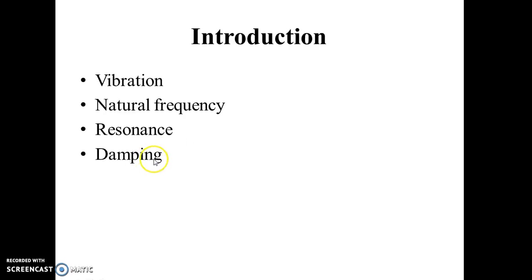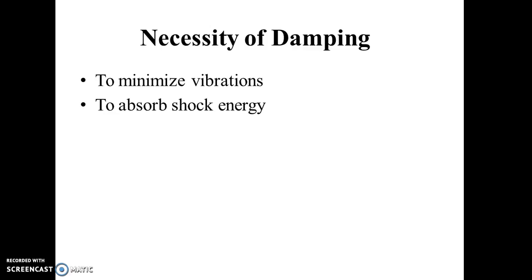Damping. Damping is necessary when vibrations are created in the body, to minimize this vibration. What is the necessity of damping? To minimize the vibrations which are created in the body, to absorb the shock energy, such as in a shock absorber.